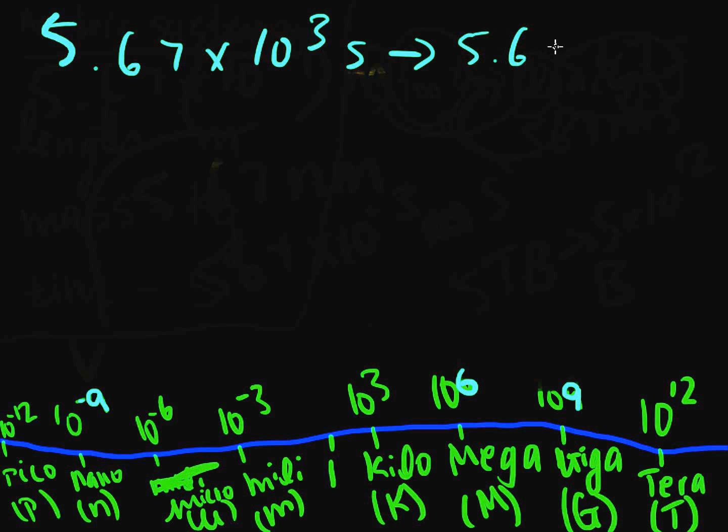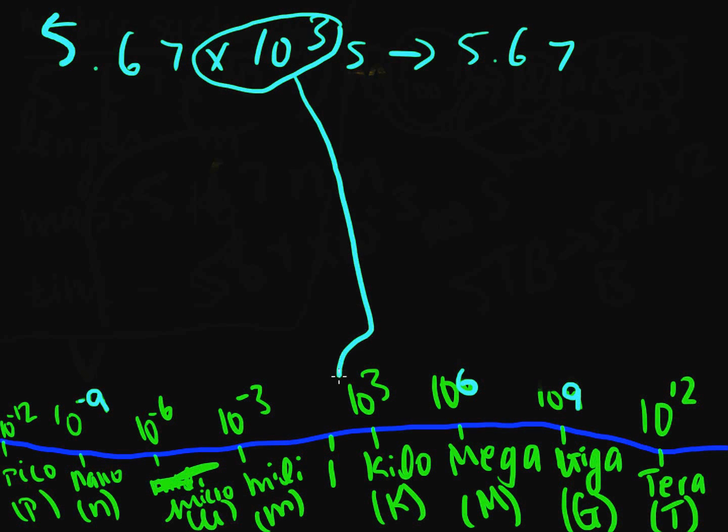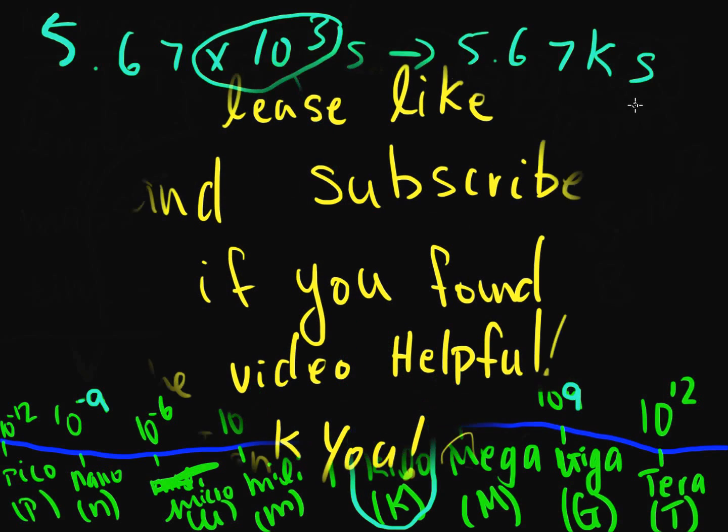Well, it's kind of obvious. It would be 5.67, and then you just look at this scientific notation right here, and match it up. And you can see it's simply a kilosecond. So these two representations, 5.67 times 10 to the 3 seconds and 5.67 kiloseconds, are the same thing.